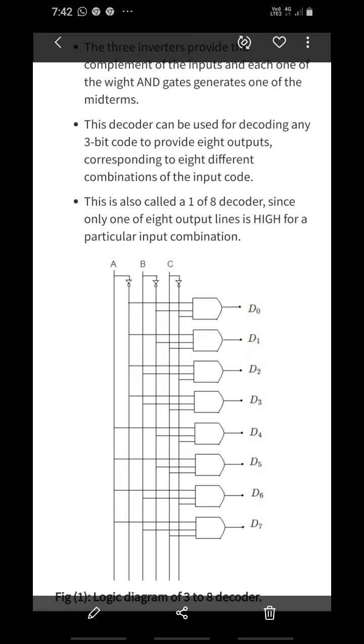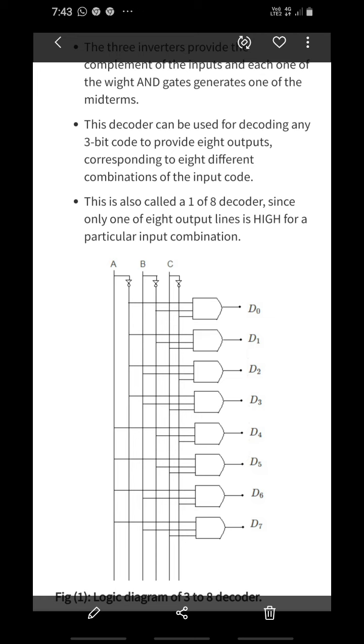D2 means A bar, B, C bar, and draw the AND gate, that is D2. Next draw D3, that is A bar, B, C. Next D4 is A, B bar, C bar, and draw the AND gate.